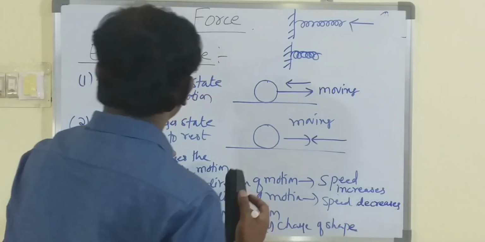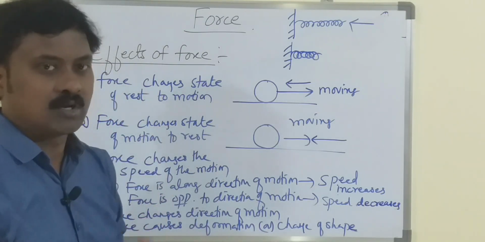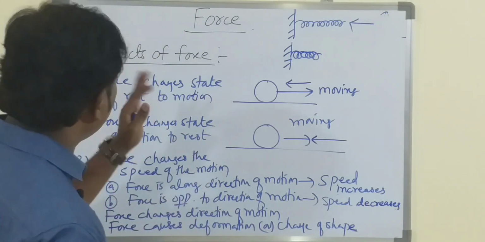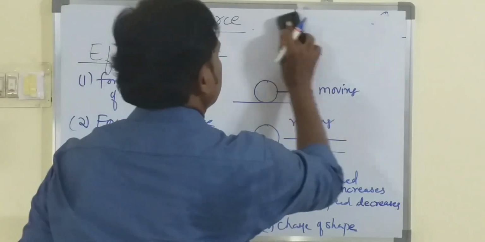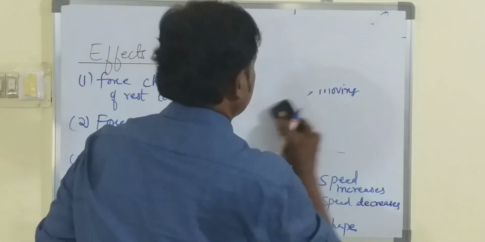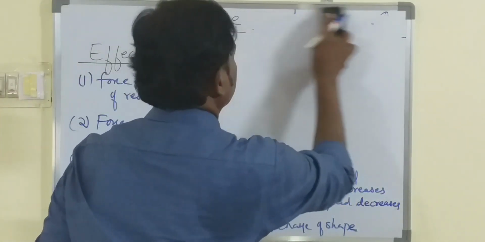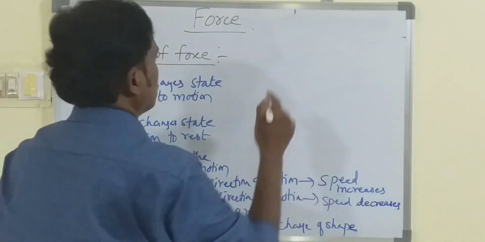Okay, children. So after knowing the effects of force, now let us try to define force in terms of this effect. So let me write the definition here. This is the scientific definition of force.